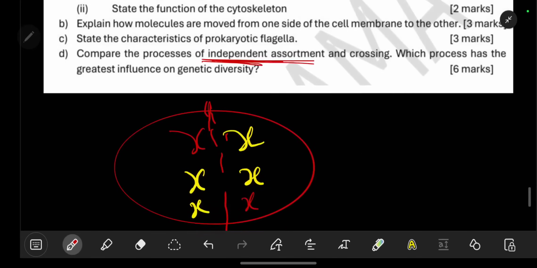While crossing over, on the other hand, is what happens when the two chromosomes attach themselves at the chiasmata. So that is the first part. We define the two terms.